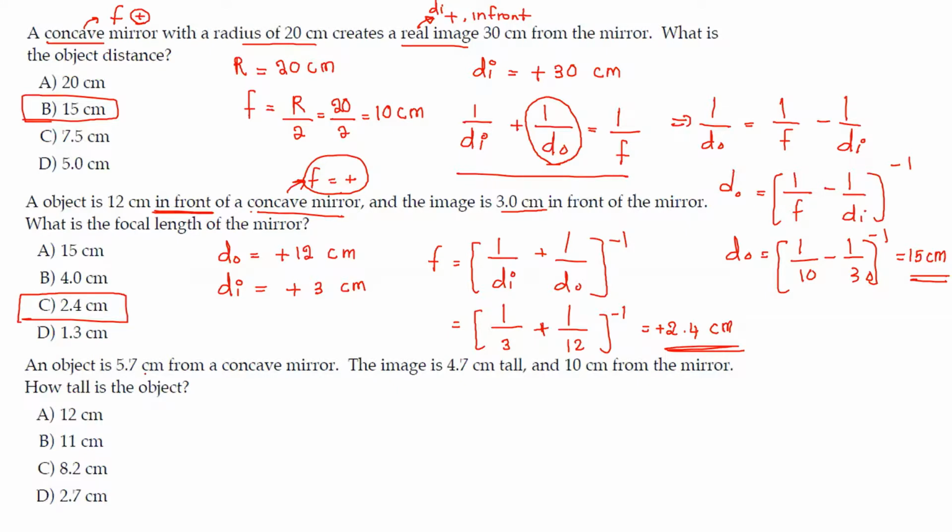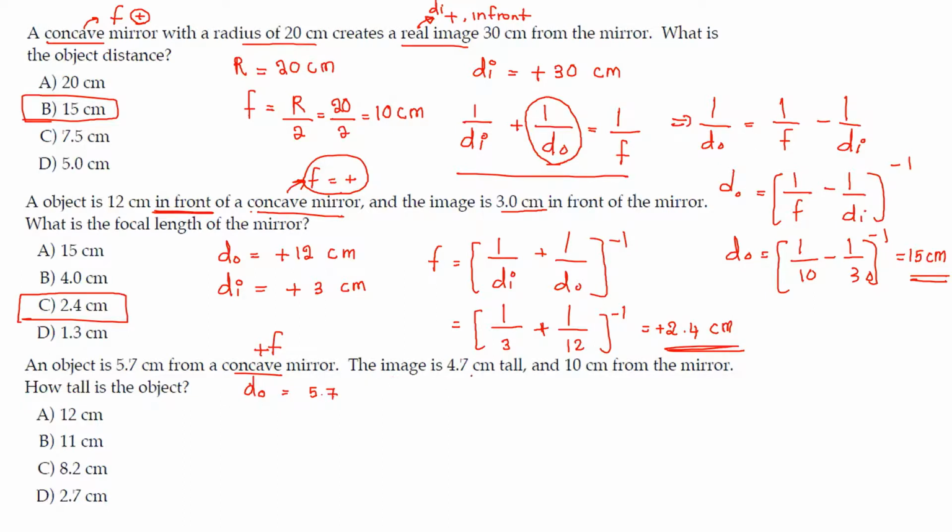Okay. Last problem. Not the last one. Last problem in this slide. An object is 5.7 centimeters from a concave mirror. Okay. So usually, like I said before, objects are in front of the mirror. So I'll just write D naught is 5.7.